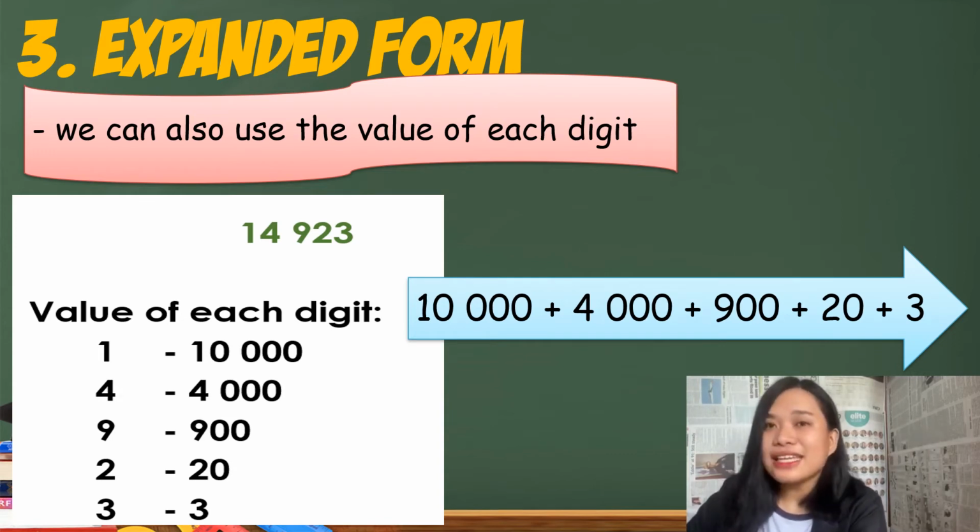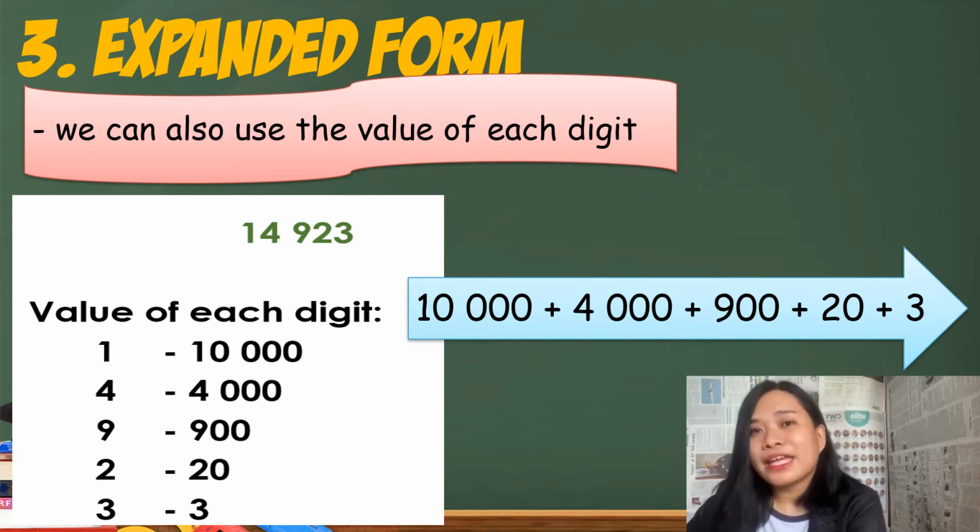Now we write it in expanded form by using its sum. 10,000 plus 4,000 plus 900 plus 20 plus 3. That's how you write numbers in expanded form.